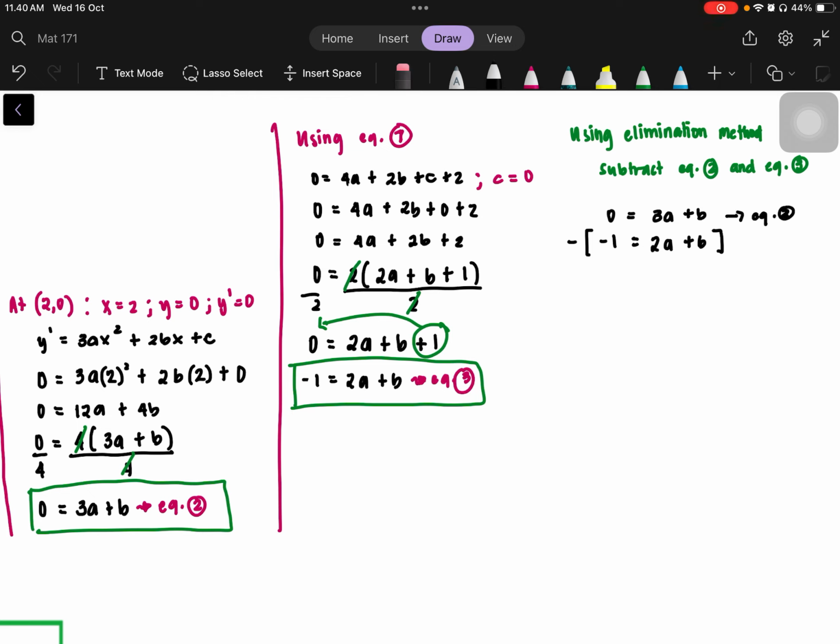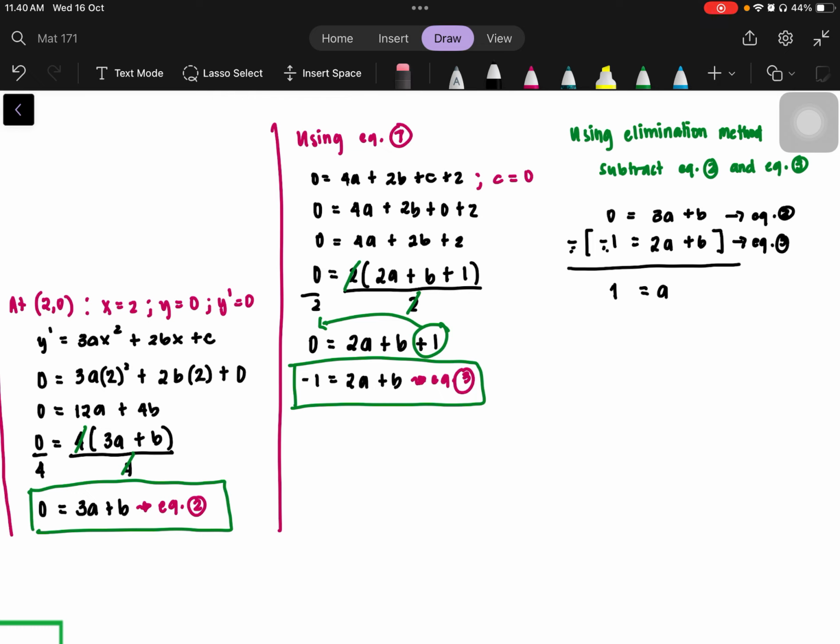Okay, tignan nyo ha, yan yung ating equation. Ito si equation 1, ito si equation 2, ito si equation 3. Okay, then, let us subtract. 0 minus negative 1, negative, magiging positive 1. Tama ba? 0 plus 1.